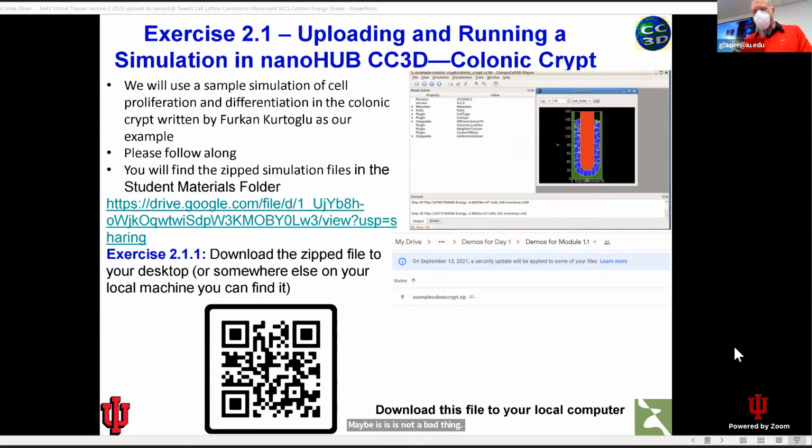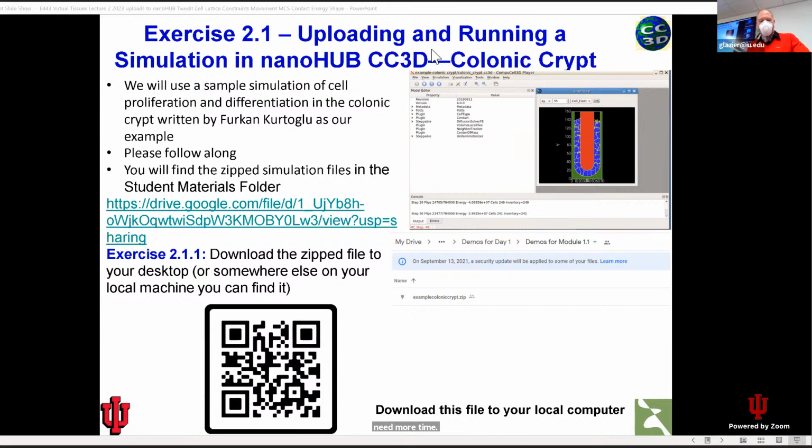Does anybody need more time? I'll try the poll. So we've got our poll system, which is basically if you need more time, say you need more time.